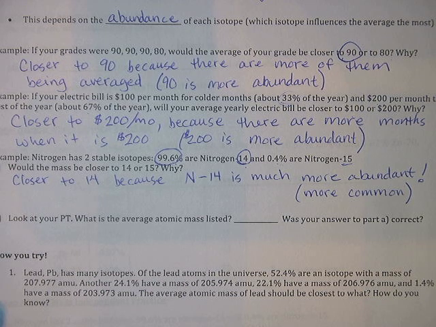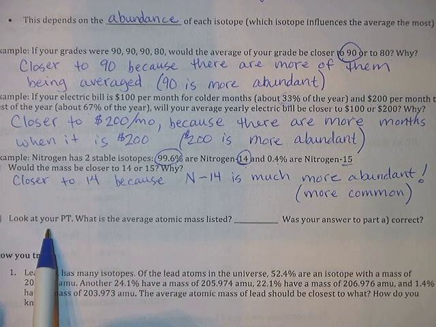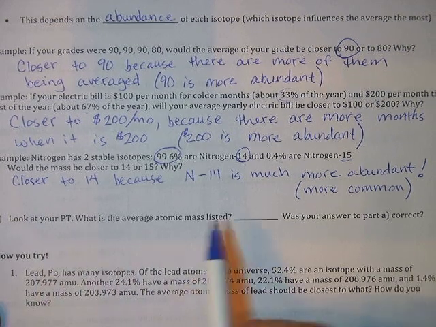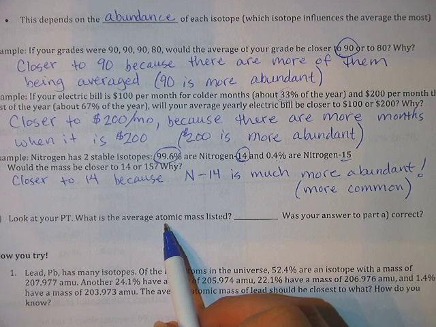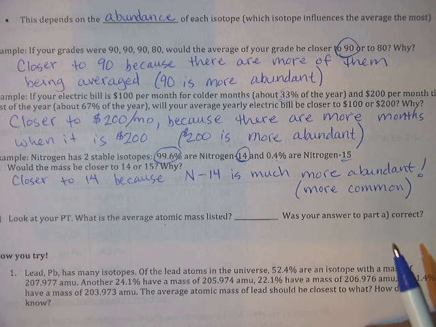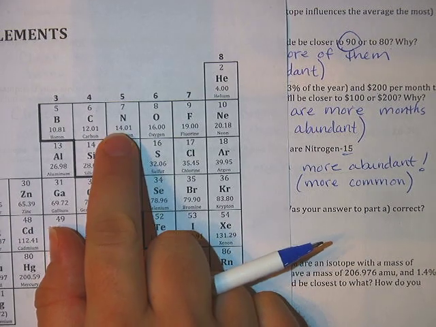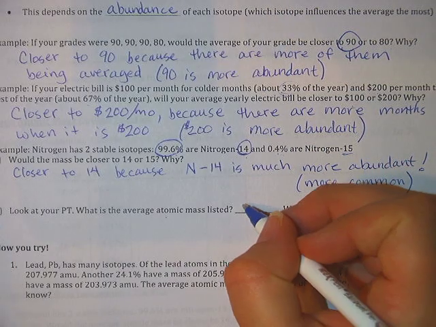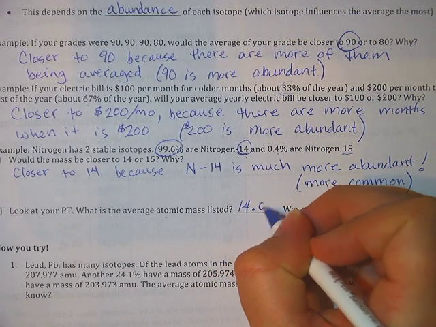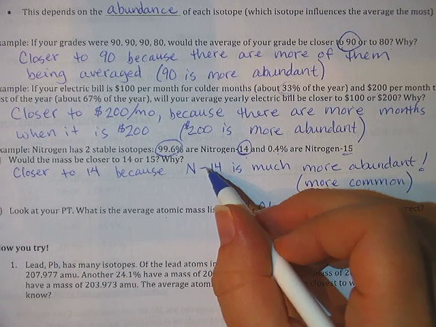Go look at your periodic table, the one that's on the back of your book, and look at what is the average atomic mass listed for nitrogen. Nitrogen is listed as having a mass of 14.01, which is 14.01 closer to 14 or 15?